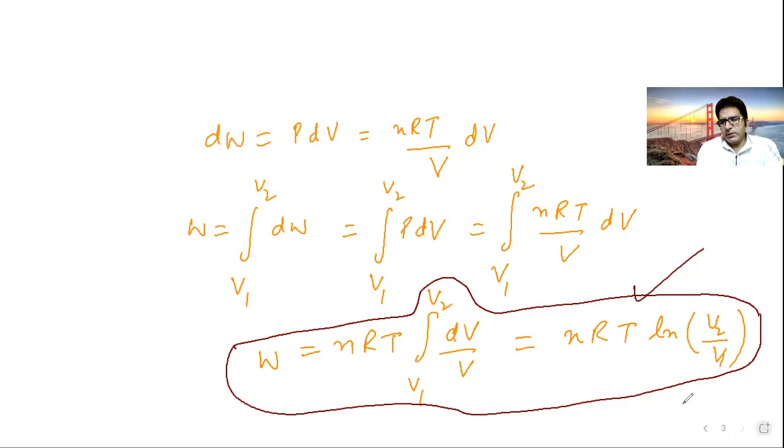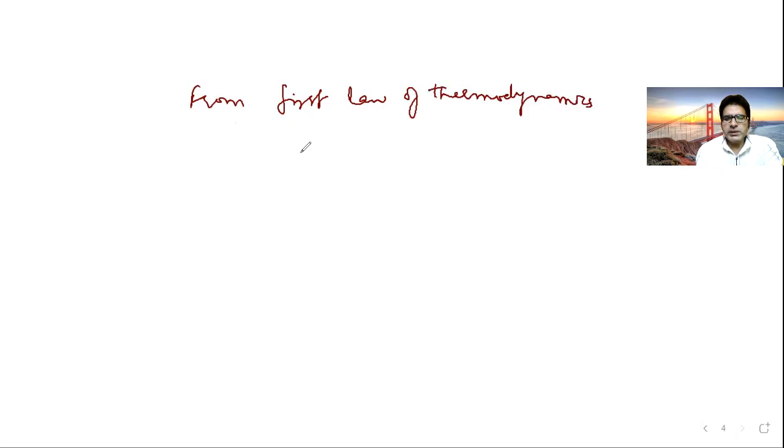So next thing, if we apply first law of thermodynamics to this gas. First law of thermodynamics says heat put into the system is equal to work done by the gas plus change in internal energy of the system, right? We apply to this ideal gas.